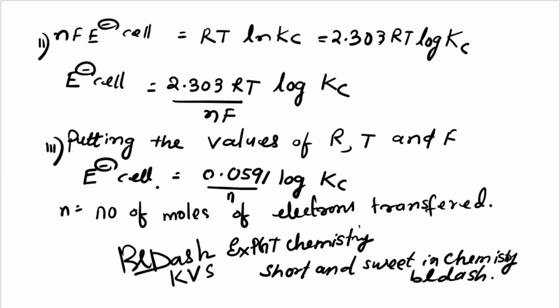So you can calculate here. If only Kc is required, you calculate log Kc. You should know all the values, n and E0 cell. If Kc is known and n is known, you can calculate E0 cell. That means from a cell representation, you should know which is the cathode and which is the anode.